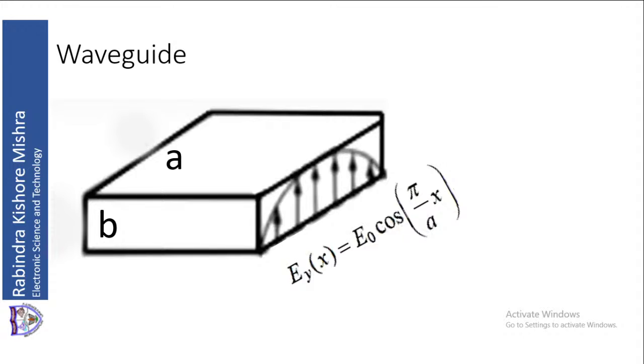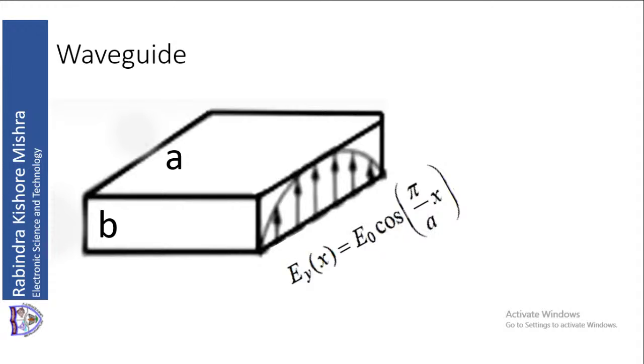When you consider a waveguide, the dominant mode is the TE10 mode. TE10 mode means the mode 10 that we have discussed earlier in the electromagnetics class. 10 means half wavelength variation along the x-axis: 1 represents 1 half wavelength, 0 represents 0 half wavelength.